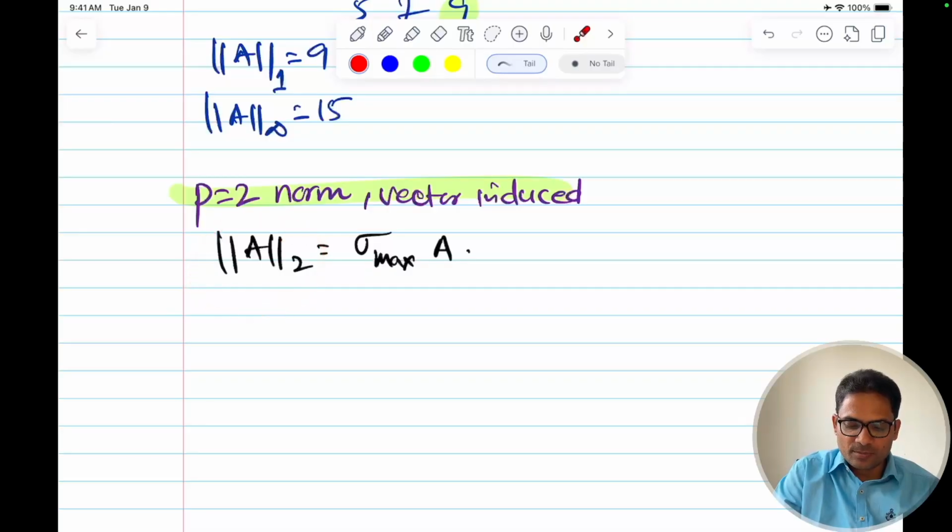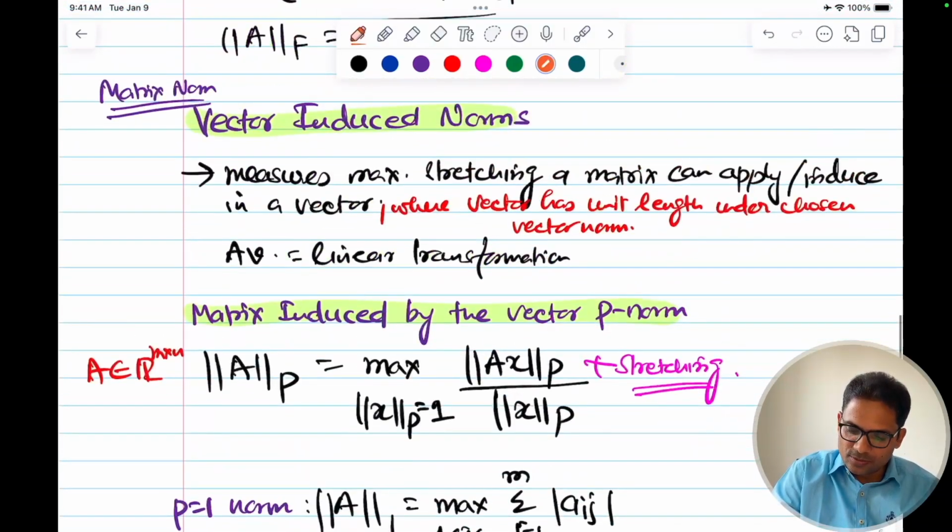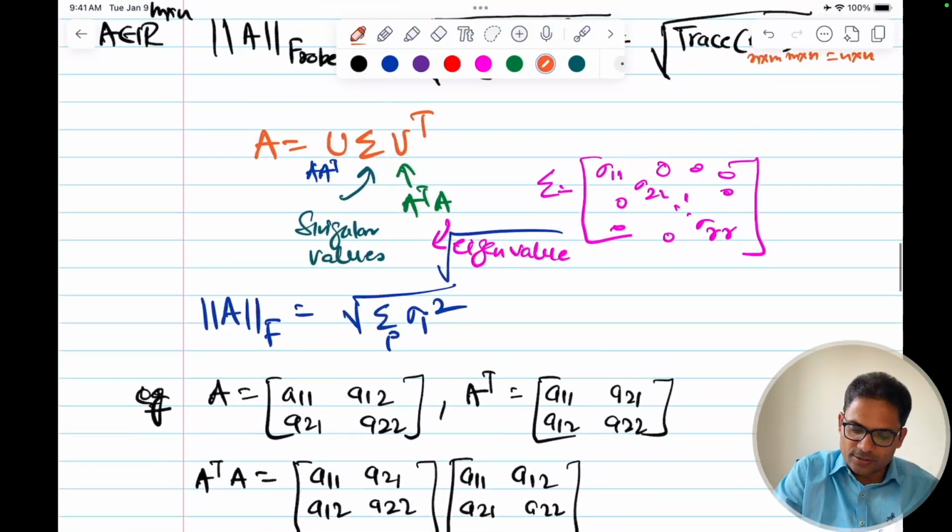And where will you get this from? Again, from the same equation. Your A can be decomposed as U sigma V transpose, where V comes from A transpose A, and this sigma has these values. I drew it earlier also.